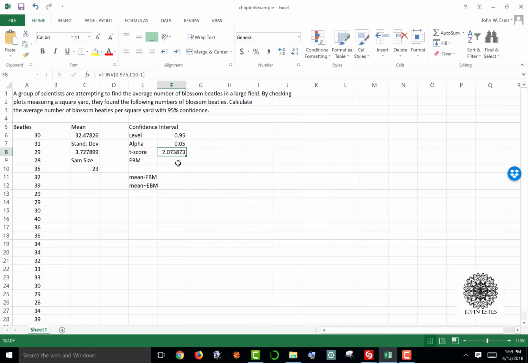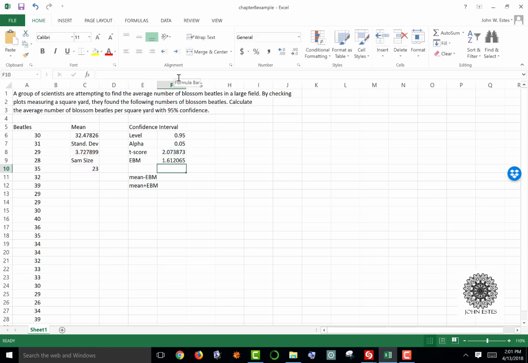You get 97.5%. So now that we have the t-score, we need to find the EBM, and now it's going to be my t-score, which is F8, times my distribution standard deviation, which would be s over root n. So that's going to be C8 divided by the square root of C10.